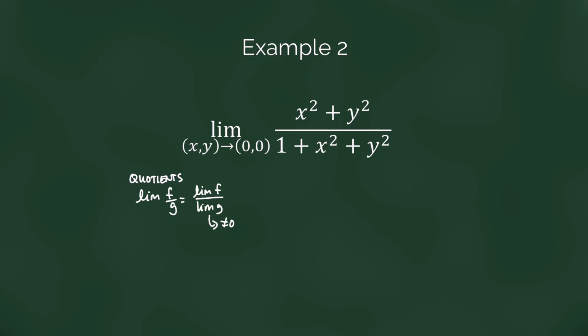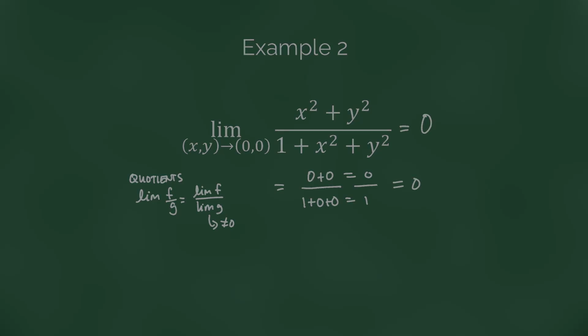Since our top and our bottom are once again polynomials, we can evaluate the individual limits just by substitution. On the top we get 0 plus 0, which is 0. On the bottom we get 1 plus 0 plus 0, which is 1. And so when we take the ratio of those limits, we get 0, which means that our limit value is in fact 0.